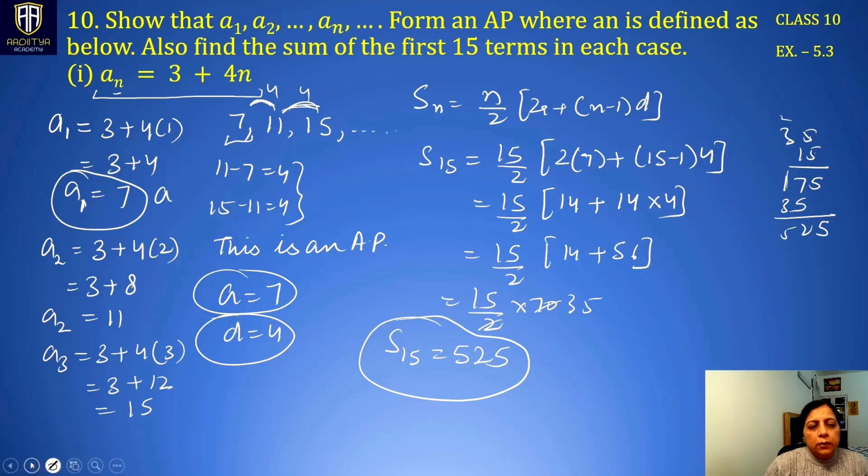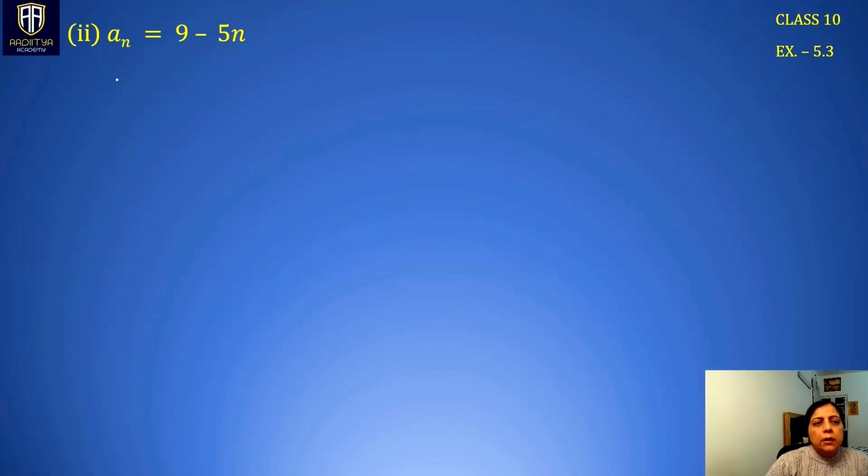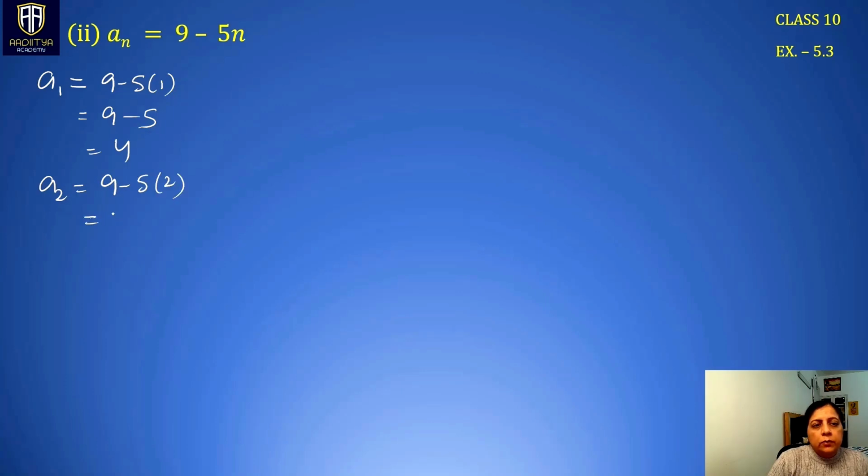Right? Now the next question is, an is given as 9 minus 5n. So here also I am finding the first 3 terms of the sequence. a1 becomes 9 minus 5 times 1, which is 9 minus 5, 4. a2 becomes 9 minus 5 times 2, so we have 9 minus 10, which is minus 1. a3 is 9 minus 5 times 3, so we have 9 minus 15, which is minus 6.